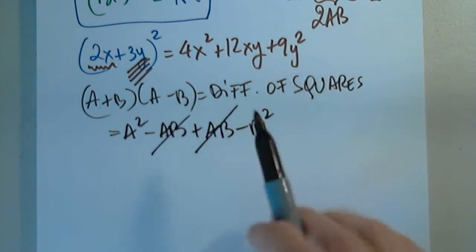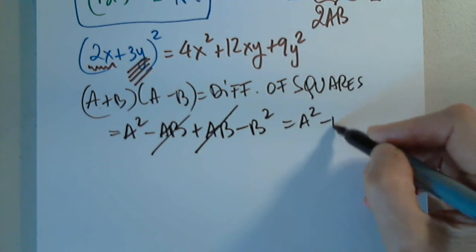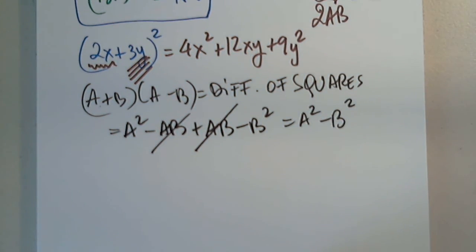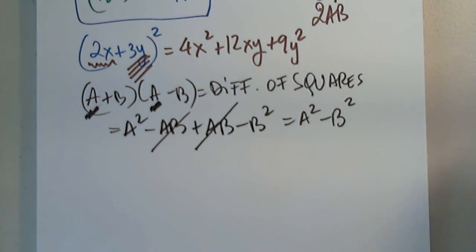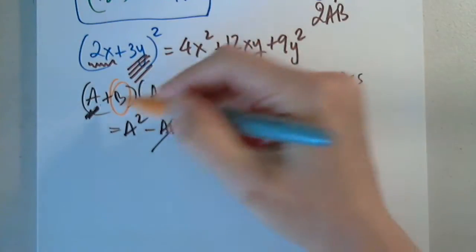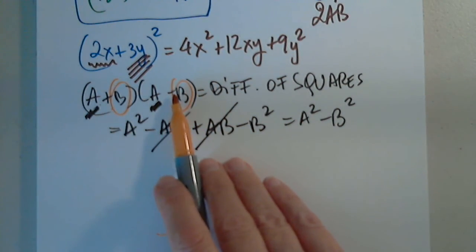In this case, that's why this is called the difference of squares. It just is a difference of squares. So the requirement is that these two are the same and these two are the same. The only difference is plus and minus.